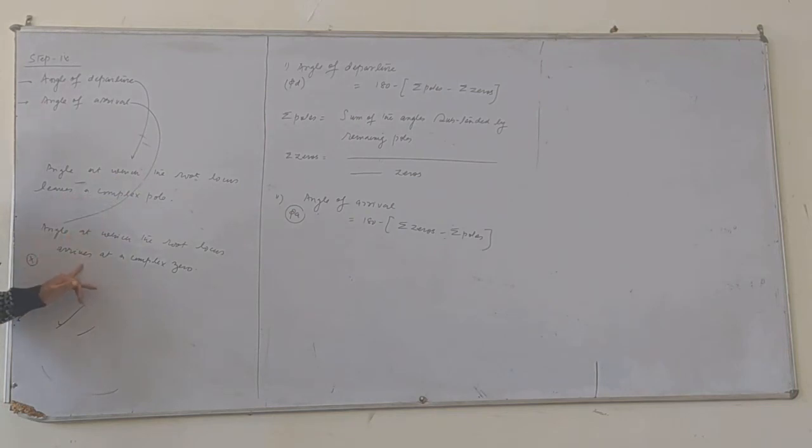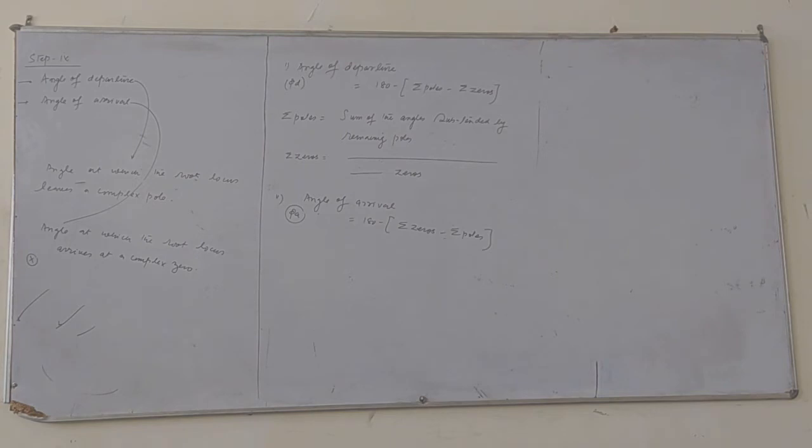If it is a complex zero, you have to calculate the angle of arrival. Don't get this confused. I will repeat it again. Complex poles and complex zeros will be present, then only these angles have to be calculated. If there is exclusively a complex pole, you have to calculate only the angle of departure. If there is only a complex zero, you have to calculate only the angle of arrival.